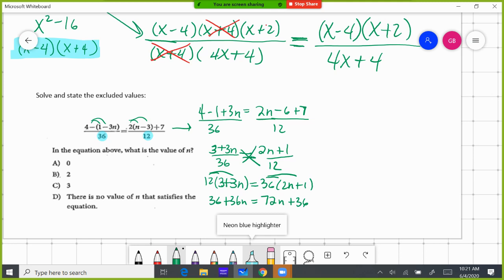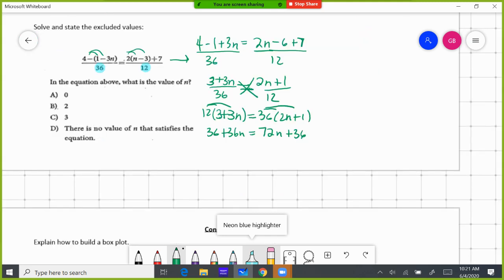Okay, I'm going to bring all the n's on the same side, so I'm going to subtract 36n on both sides. Okay, so that leaves me with 36 is equal to 36n plus 36. I'm going to subtract 36 on both sides.